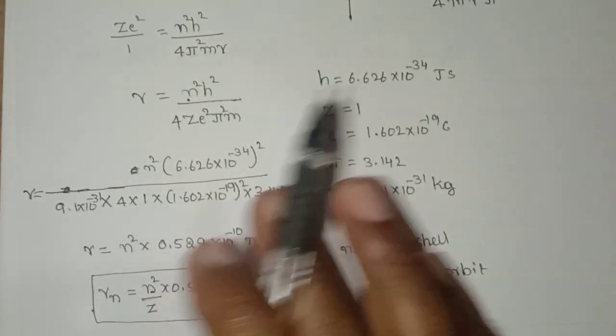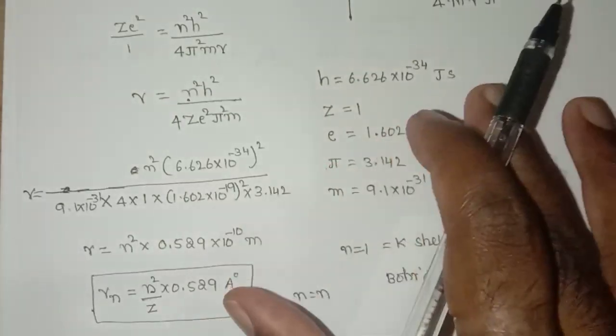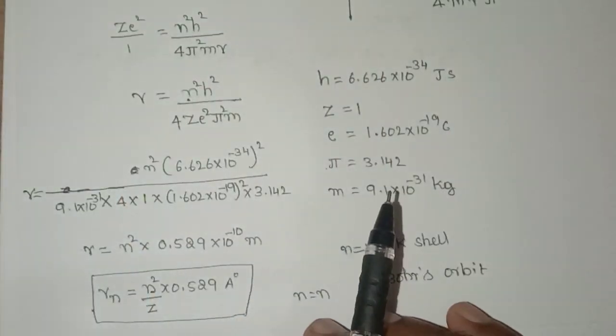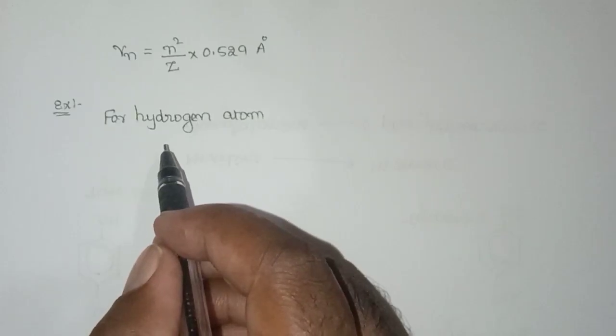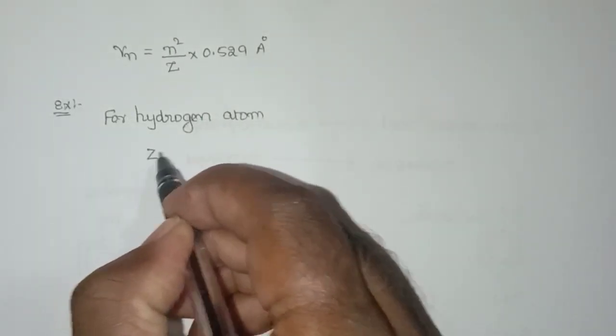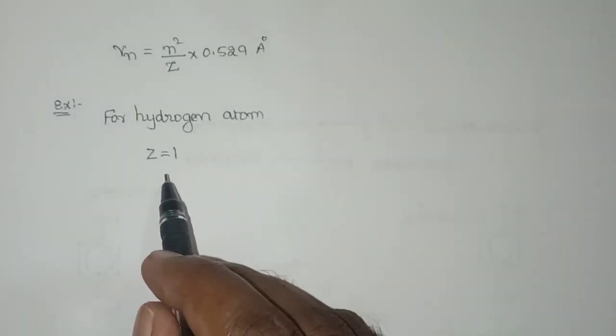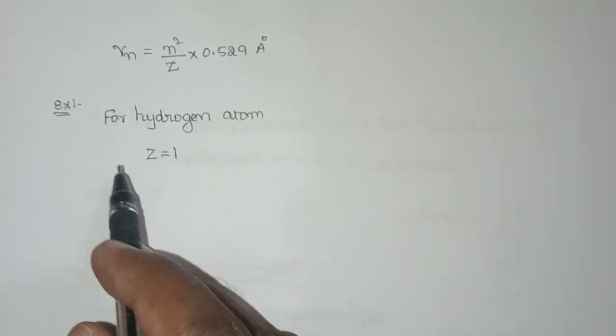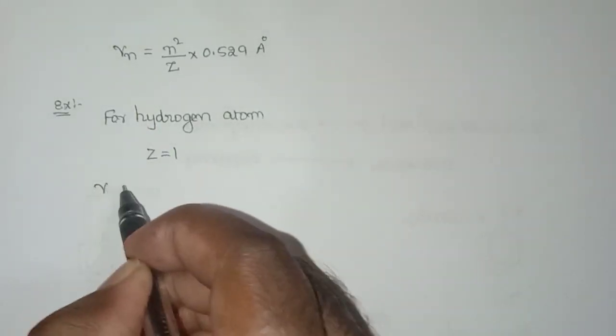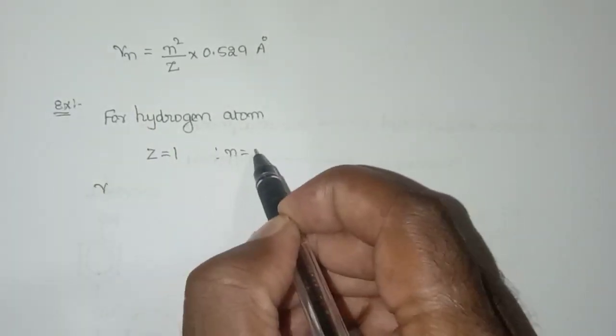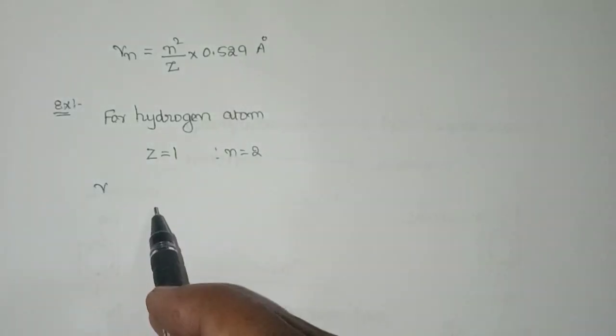Let us do some simple calculations for hydrogen as well as hydrogen-like species. For the hydrogen atom, the value of Z is equal to 1. Say we have to calculate the value of Rn. Let us consider n equal to 2, that is the second Bohr orbit.